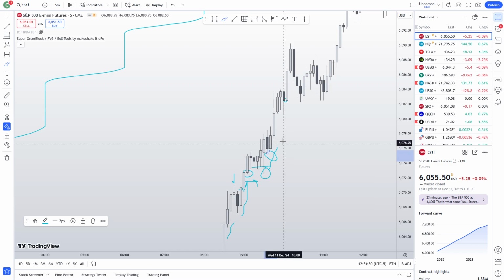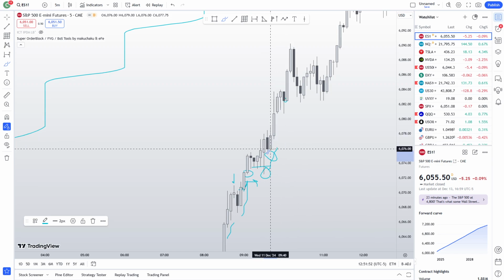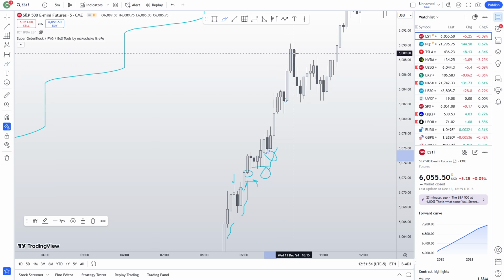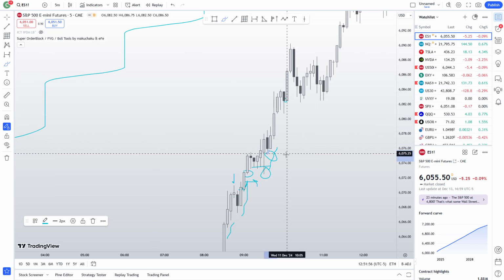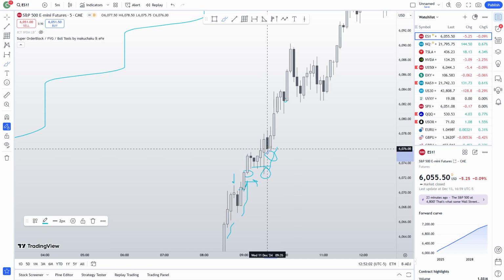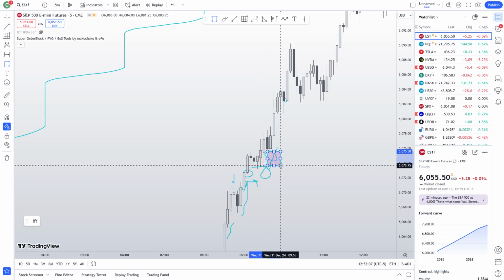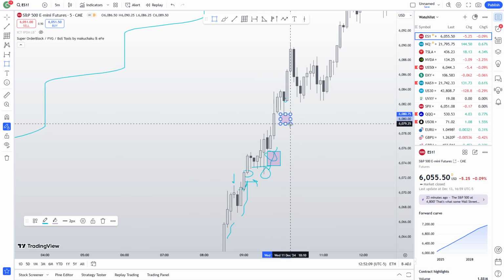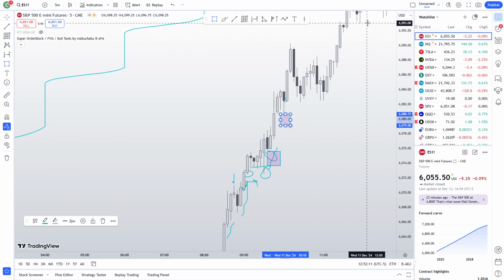Like if you trailed your stuff to the order blocks, but followed the up close candles as like super aggressive stuff, it should be fine, to be honest. Or it's a lot easier to manage if you just wait for the order blocks. Because again, I want you to remember, if we waited at this order block here, or if we waited at this order block here, it wouldn't have mattered.